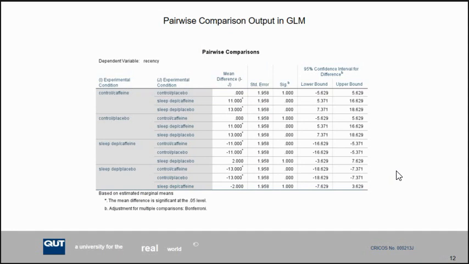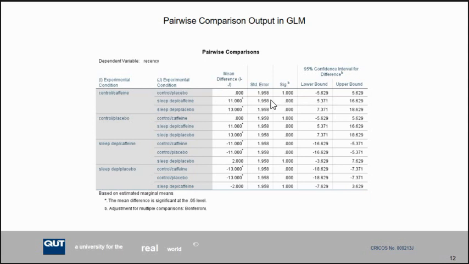And this is what your output looks like. These are the comparisons for the control, the group who were not exposed to sleep deprivation but received caffeine, compared to those who were not exposed to sleep deprivation but received a placebo, and we can see there was no difference between those groups.